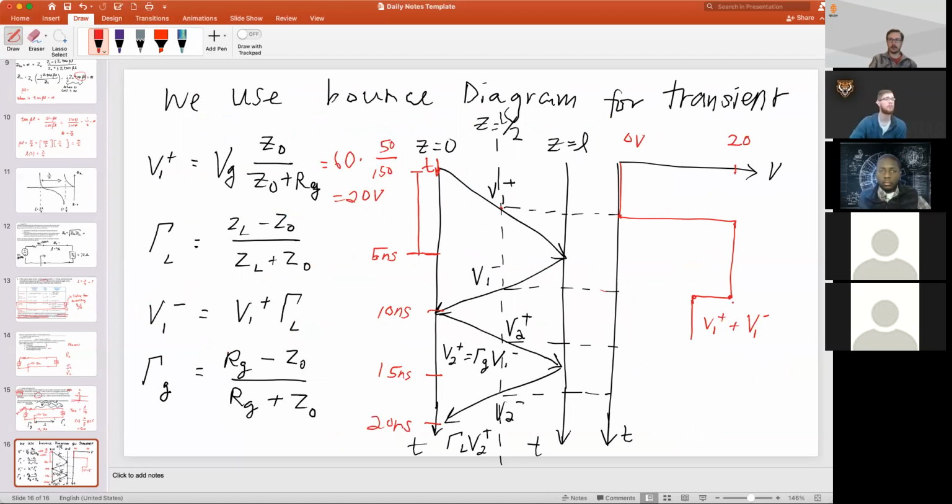And so this is going to bounce around at different voltages until we reach a steady state voltage where these bounces have almost no effect on the voltage as a function of time.